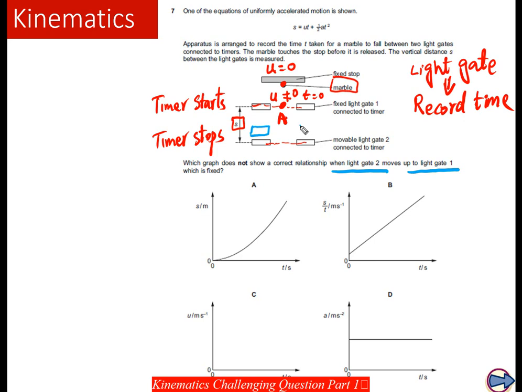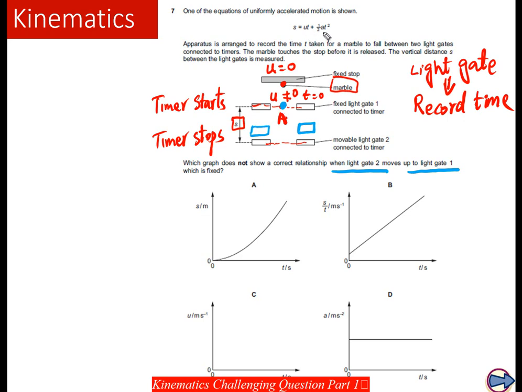Will the initial velocity or the time change? No, because the timer will start when the ball reaches point A, and the distance is the same, so u at this point will be the same but not 0. This is what we need to understand, and then we can answer.